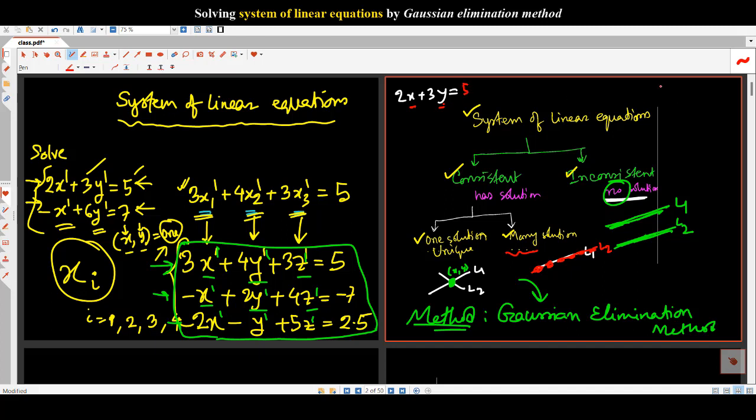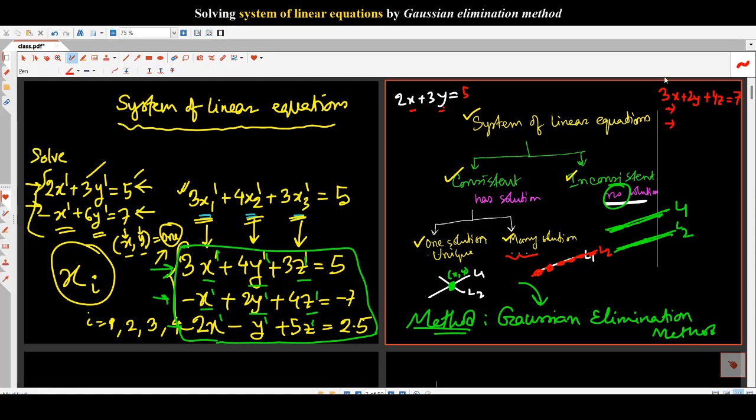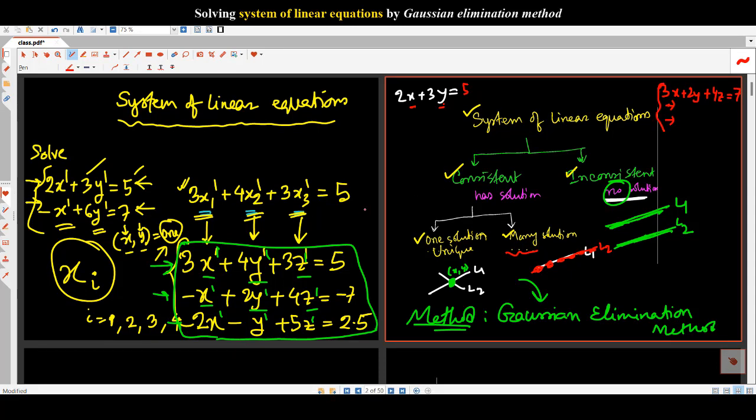Suppose we have 3x plus 2y plus 4z equals 7. And similarly we have a second equation, a third equation, and that's why you have a system. If we have only x variable and y variable, we know that that will be a line, in a two-dimensional plane.